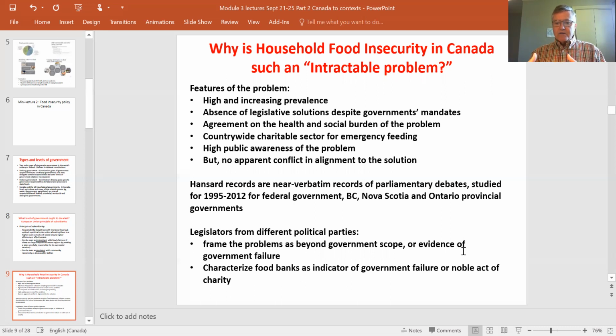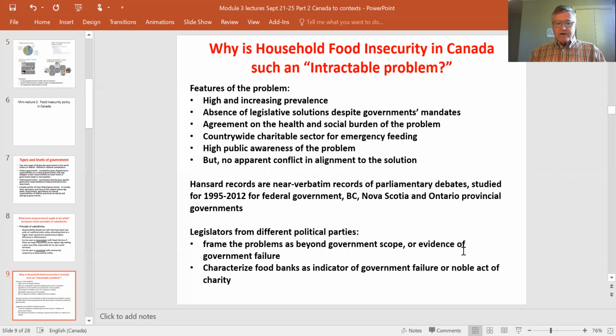What McIntyre do is look at the nature of legislative and parliamentary debate in Canada and in three of the provinces, to think about how it comes out as an intractable conflict.